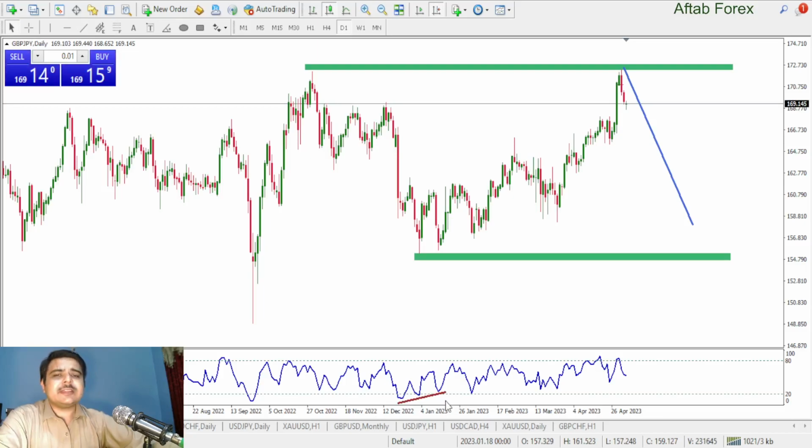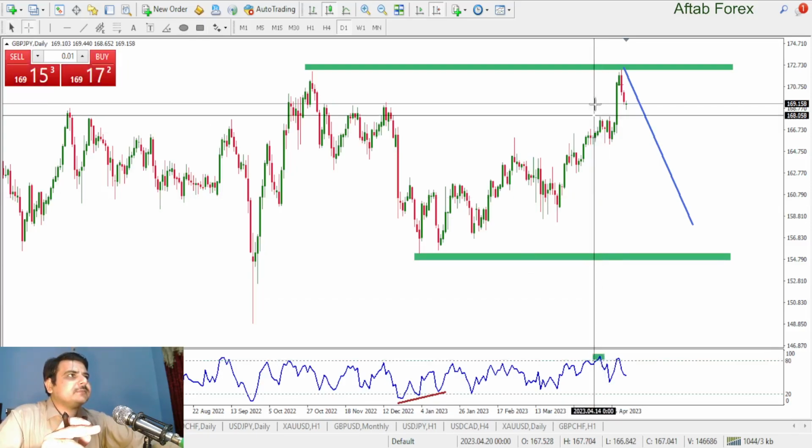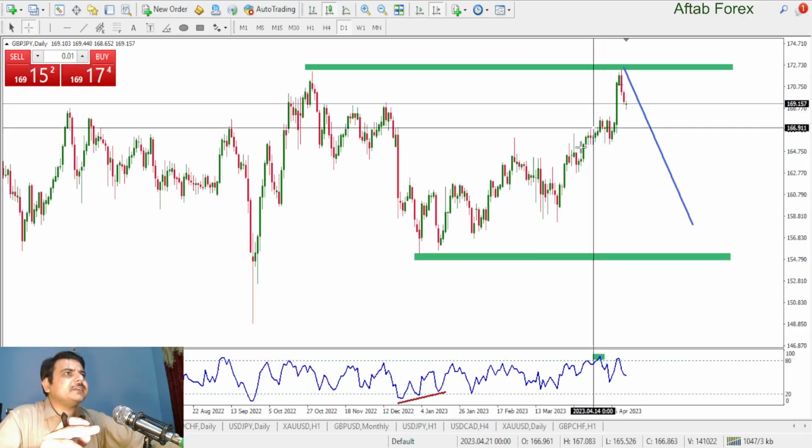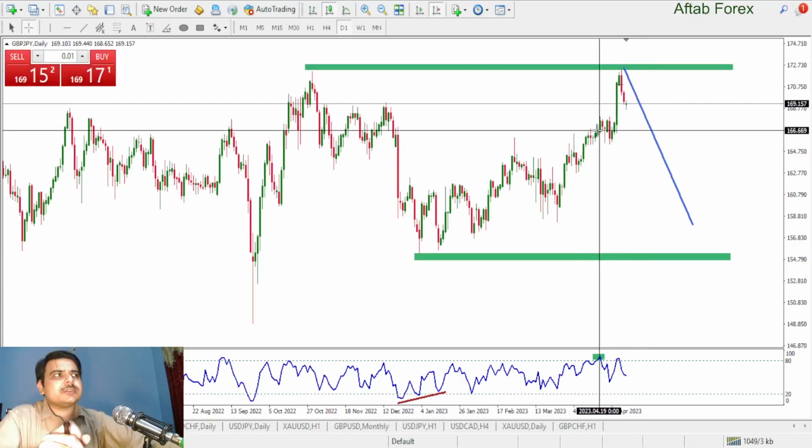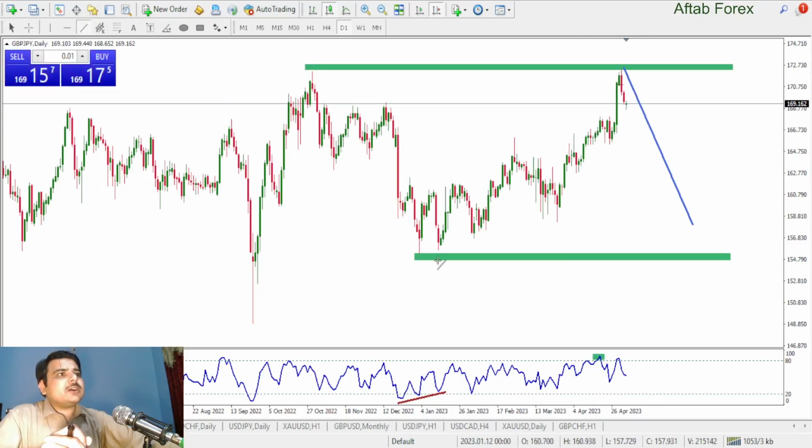Just have a look at it. And clearly it gave a very nice divergence. Now where it was overbought, let's see right here. Approximately right here, but the rally continued to the top. So for now, this whole move is an impulsive wave for me, right?